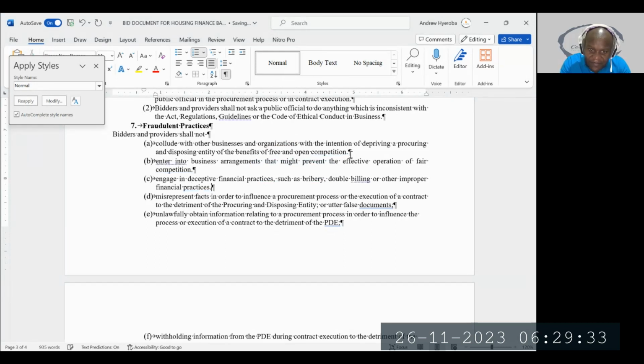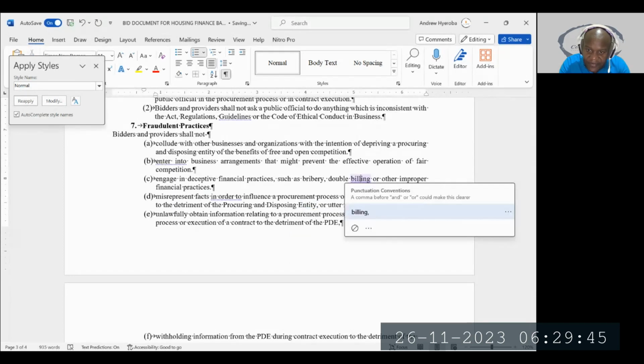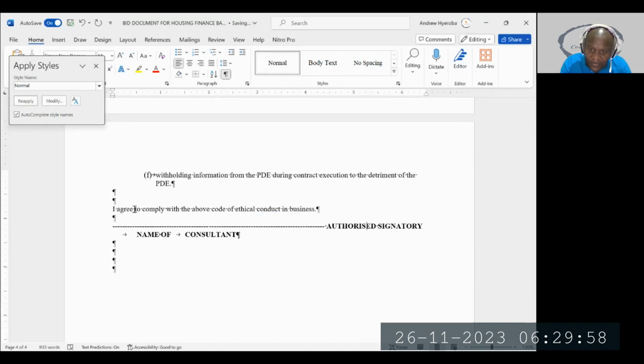But why am I looking through it? Because it forms part of our bidding document. Double billing. So these are all spelling errors. I agree to comply with the above code of ethical conduct in business. So the name, authorized signatory, name of consultant.